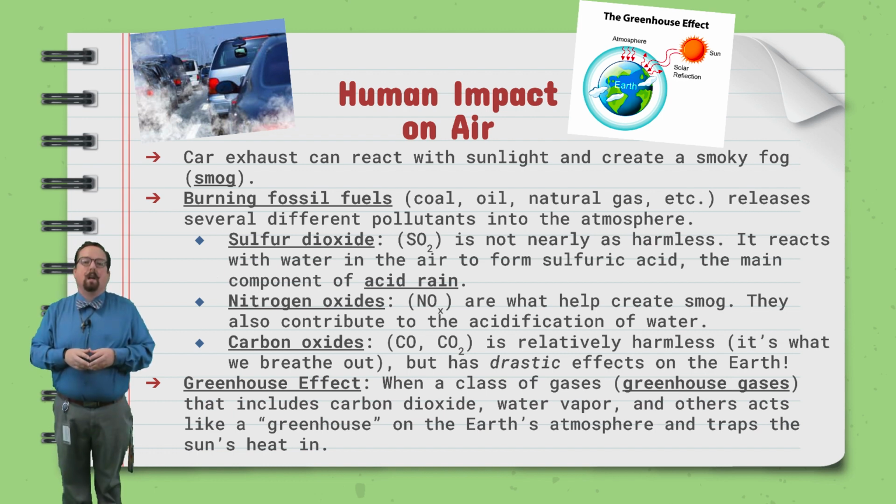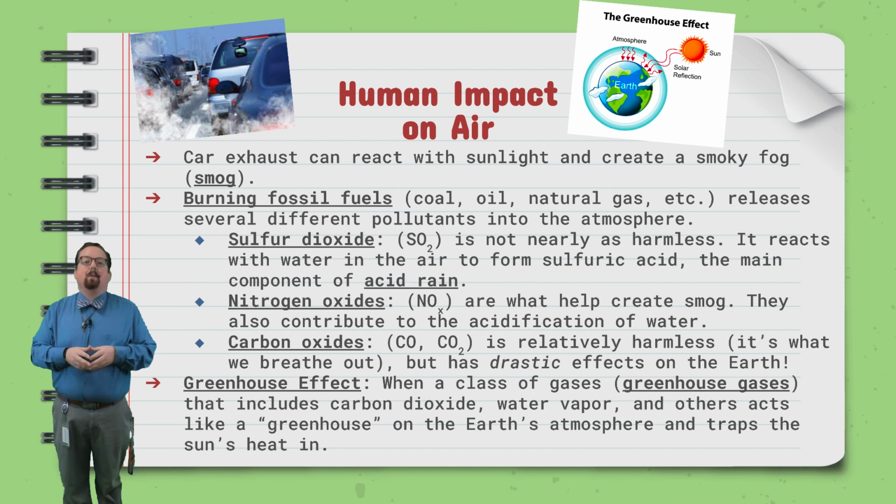Sulfur oxides, along with ground-level ozone, react with sunlight to make smog, which is like a hazy brown fog that can often be seen in highly populated areas. As molecules of sulfur oxide get higher into the atmosphere, they can react with water vapor and turn into sulfuric acid. This can later precipitate as acid rain and damage plant life, buildings, and statues made of stone.